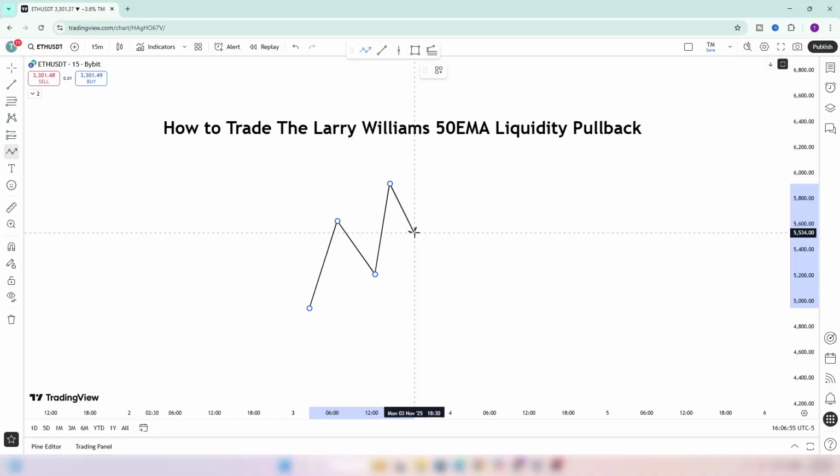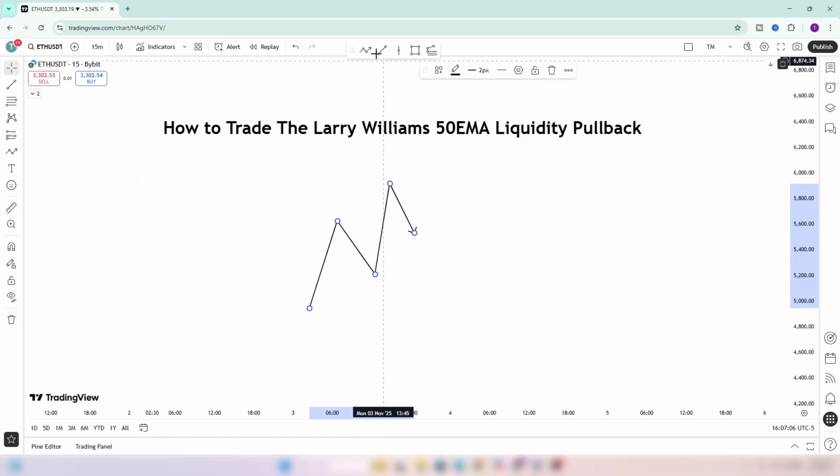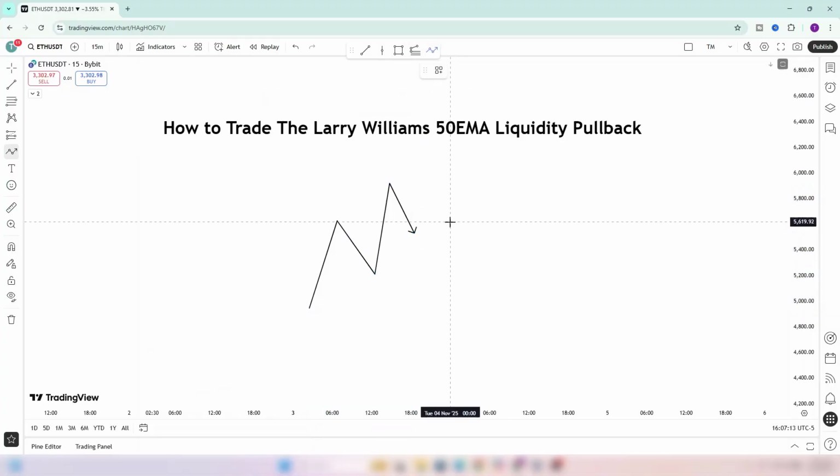Now, how do we trade these liquidity patterns? We have several liquidity patterns on the chart, and they are used by most traders to classify the SMC and ICT concepts. But this strategy is focusing on Larry's short-term liquidity pattern.